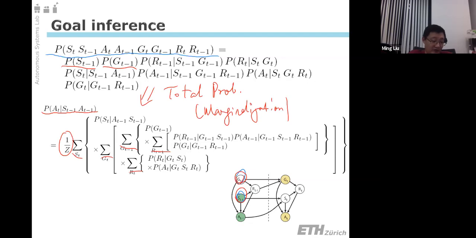This part is the evidence, a P of this quantity. It will not change no matter what the next action is. So this inference works by normalization over Z. Inside is nothing else than joint distribution and marginalization. Okay, this is clear.